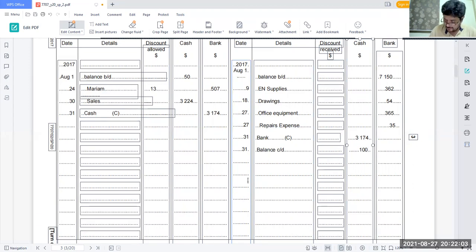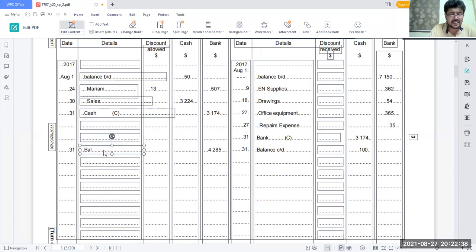Balance carried down in the bank on 31st August. How much balance carried down? That was 4285. 4285, August 31st.